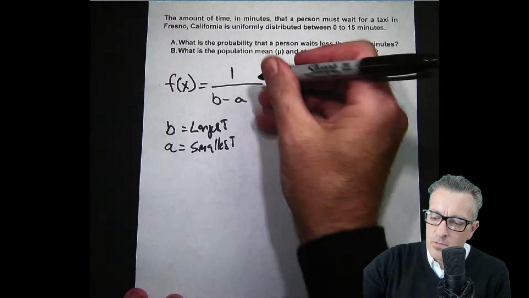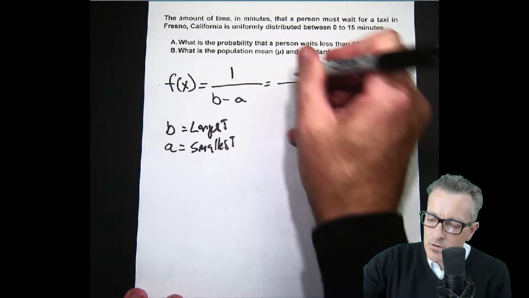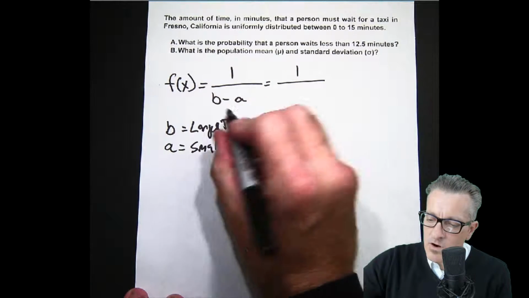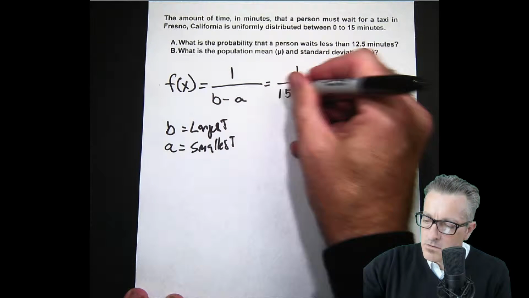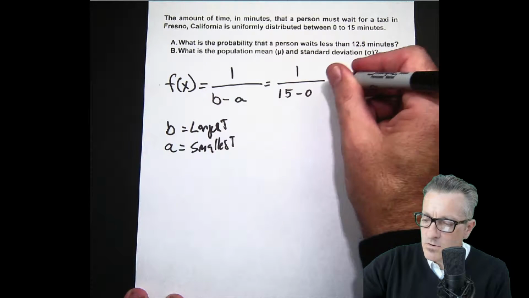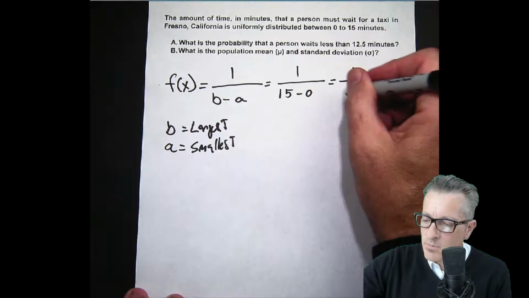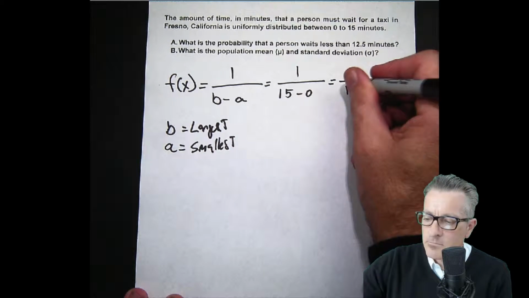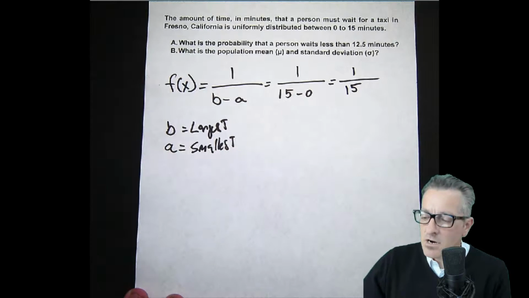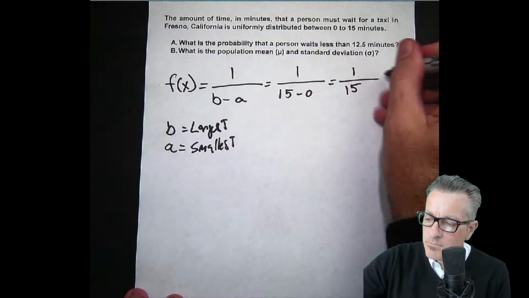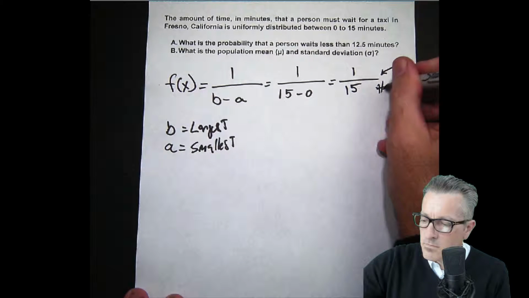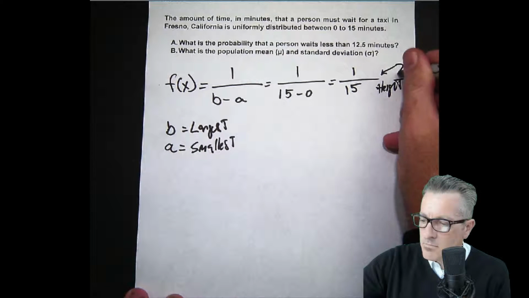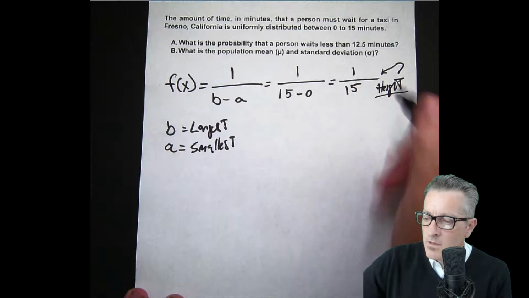For our problem, we put 1 over the largest value, 15, minus 0. So we end up with 1 over 15. This is the height of our distribution.